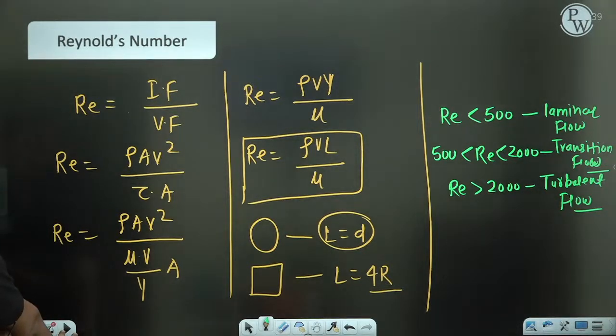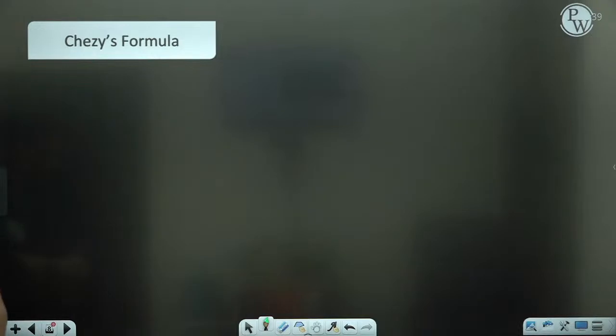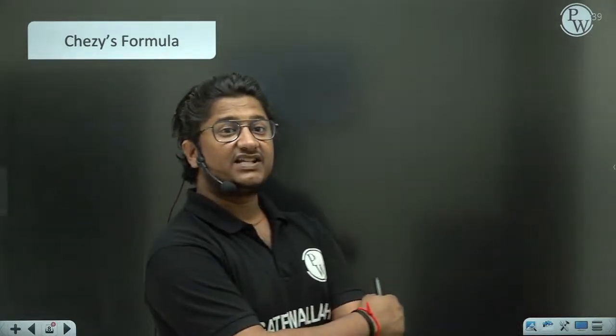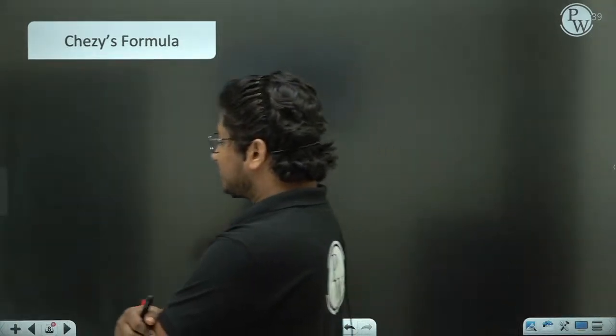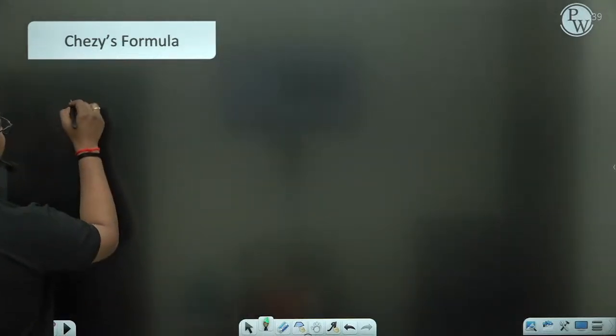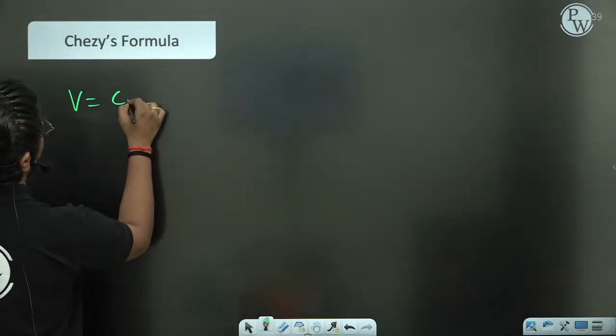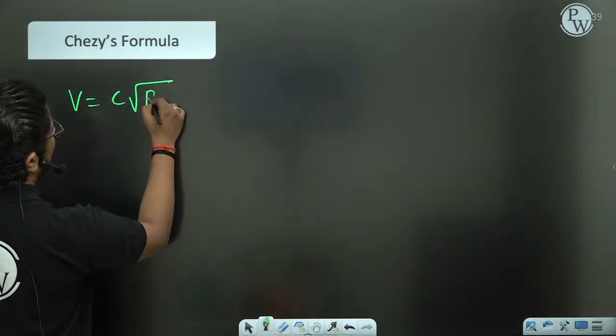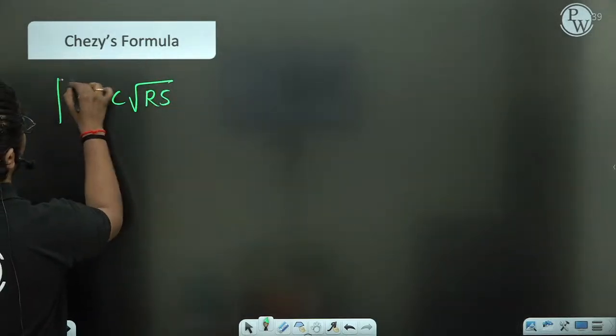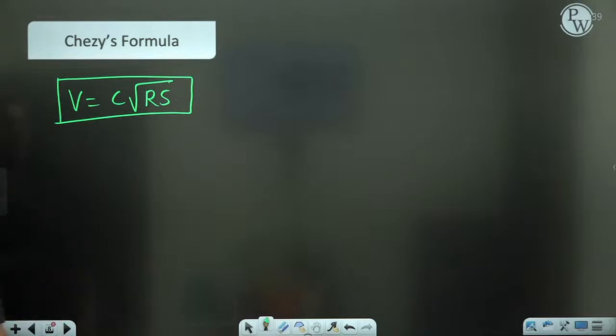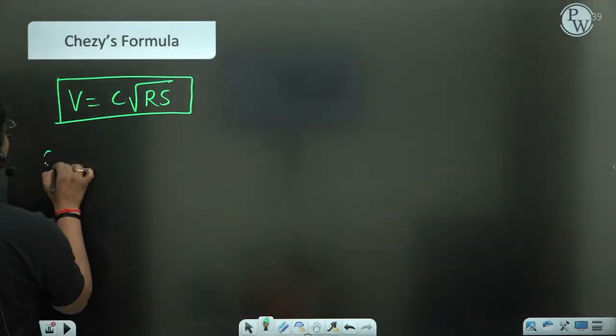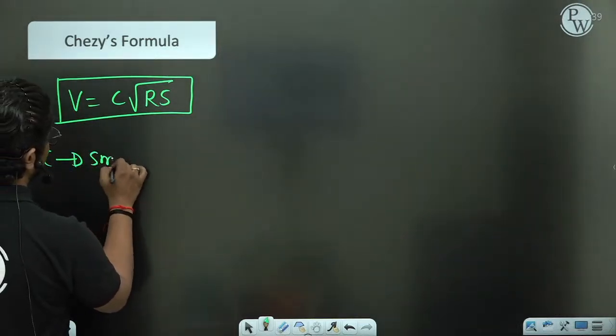Okay. If you have noted, then we can proceed to the next part. Now the next topic is Chezy's formula. Chezy has given a formula for velocity, V equal to C root under RS, where C indicates smoothness.